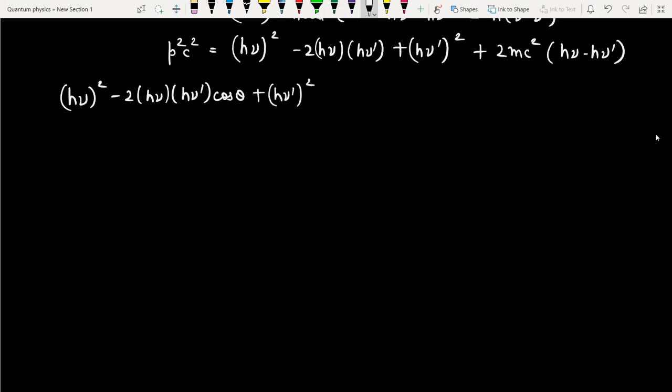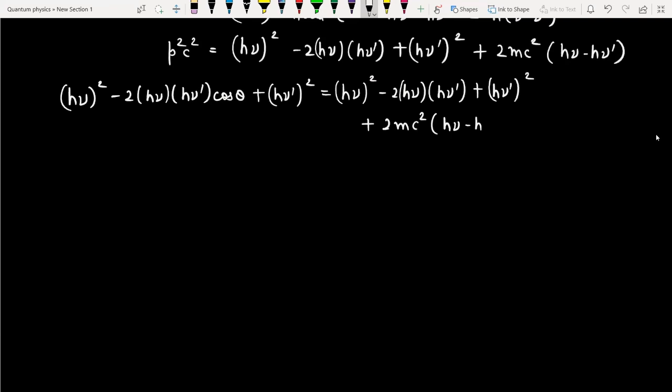And now this is equal to the above result, which is h mu whole square minus 2 times h mu h mu prime plus h mu prime square plus 2 m c square times h mu minus h mu prime.